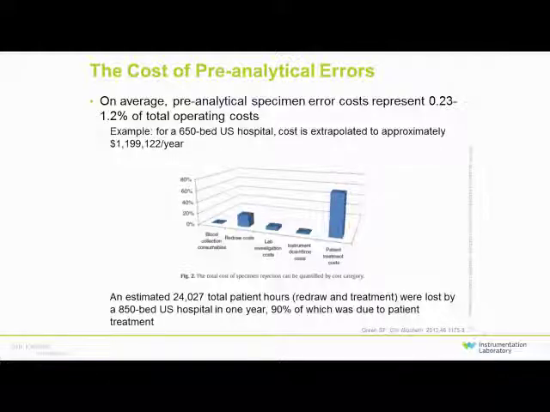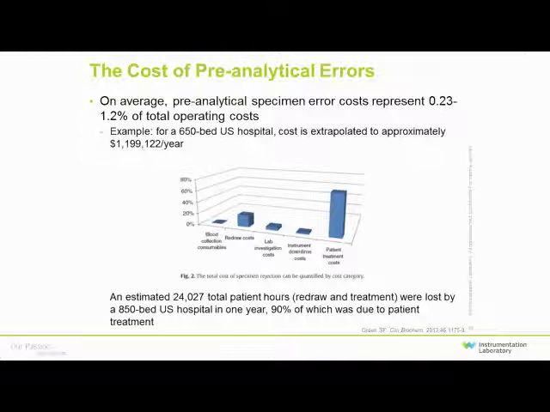So the pre-analytical specimen error cost, if you look at total hospital budget, represents 0.23 to 1.2% of total operating cost. So if you extrapolate this to a 650-bed U.S. hospital, that's over $1.1 million per year. So the costs accumulate.